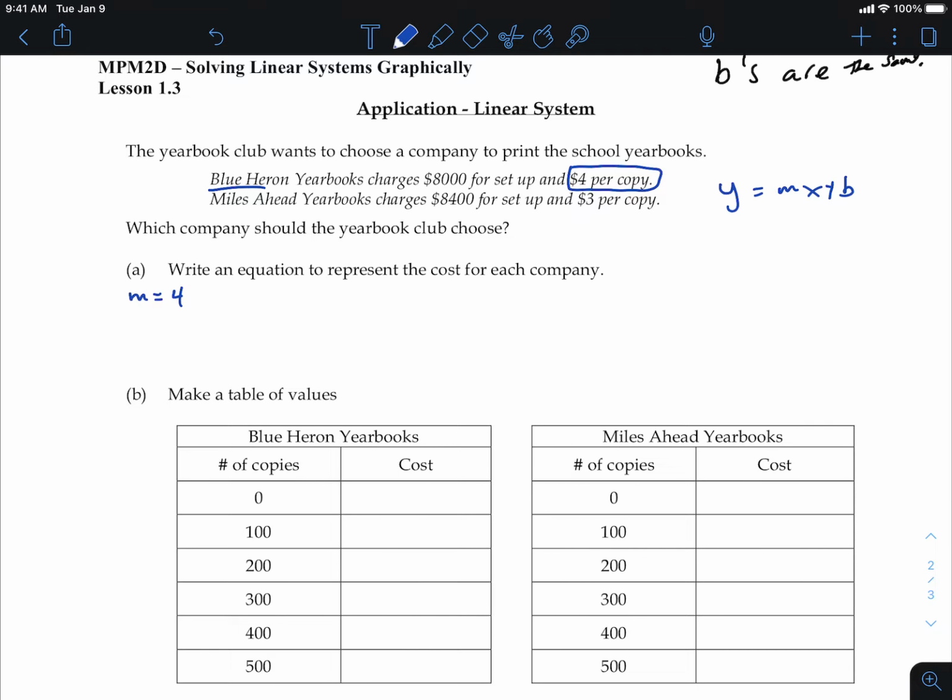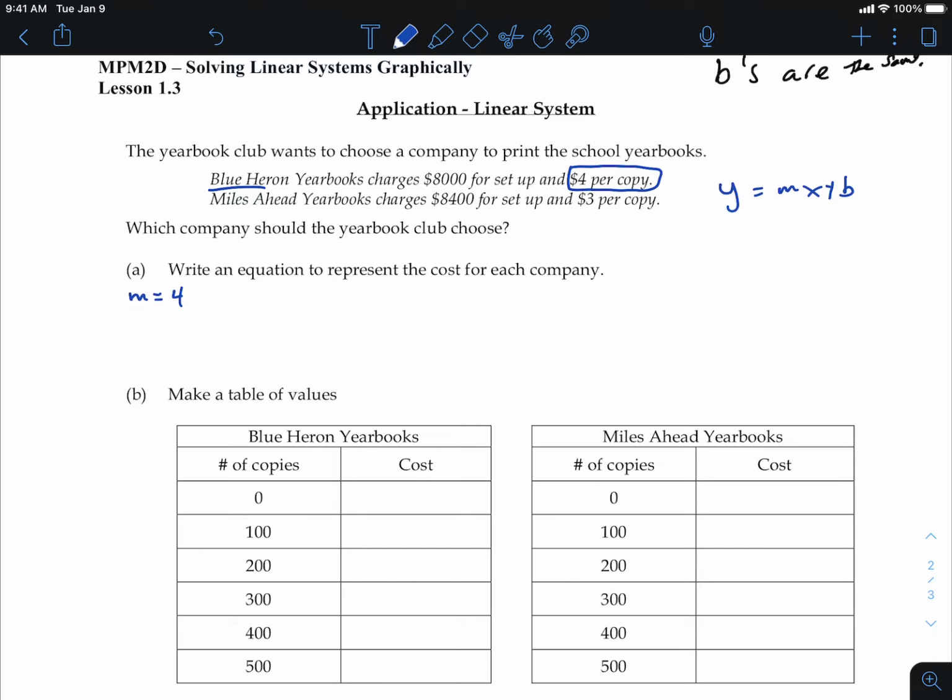Okay? So I know here, just by the $4 per copy, that the m value for the Blue Heron is going to equal 4. Now with lines, you only have two things to decide between, right? You've got the slope, and then you've got the y-intercept. But this company, when you contact them to get yearbooks printed, they say, okay, well, before you even buy any books, you're going to pay us $8,000 to set up our machine. That's your initial value or your y-intercept.